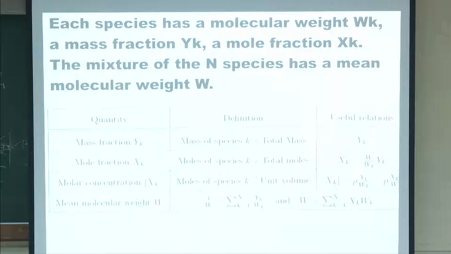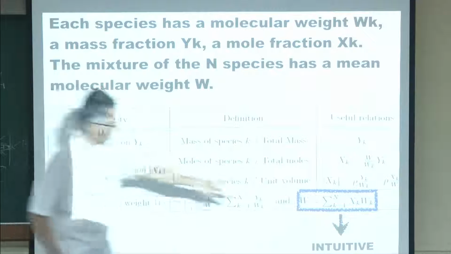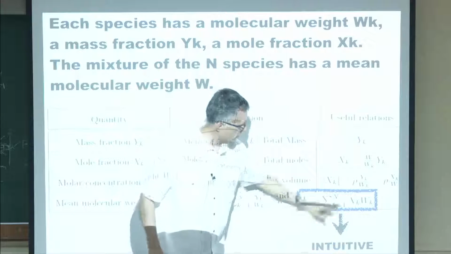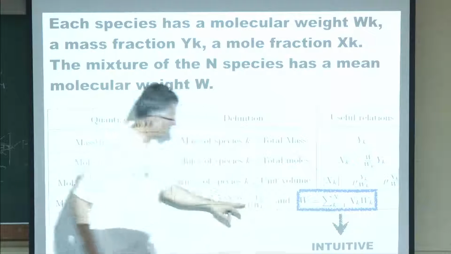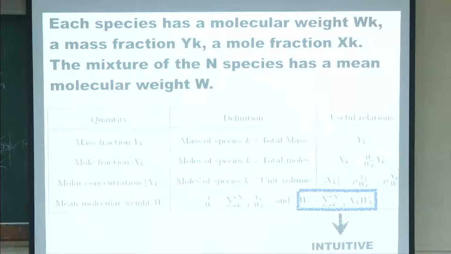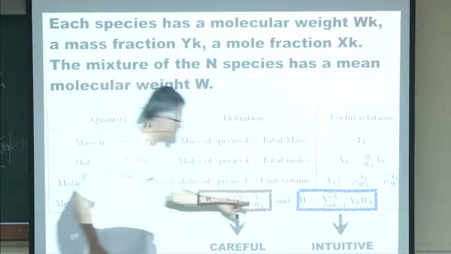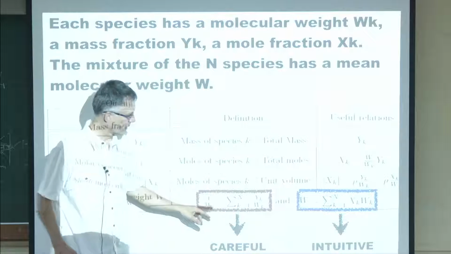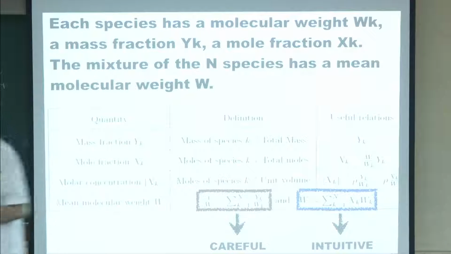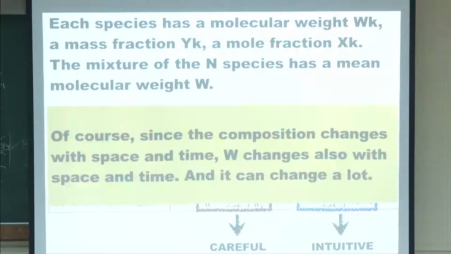And the mean molecular weight W, this expression is intuitive. W equals the sum of the Xk Wk. But this one is not. Okay? And I've seen many students confusing here, writing this expression with Yk. It's not right. It's 1 over W if you want to work with mass fractions. So W changes with space and time, and it can change a lot.